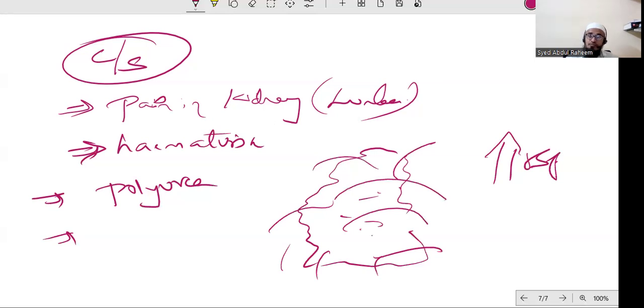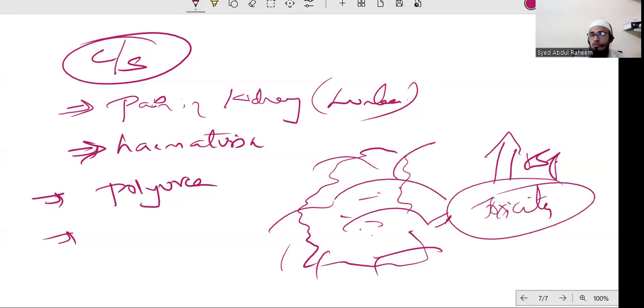So the patient has pain in the kidney region, hematuria, and polyuria, increased BP can be seen, and if not treated, enlargement of the kidney, and the last thing is that if it bursts, toxicity will spread all over the body.